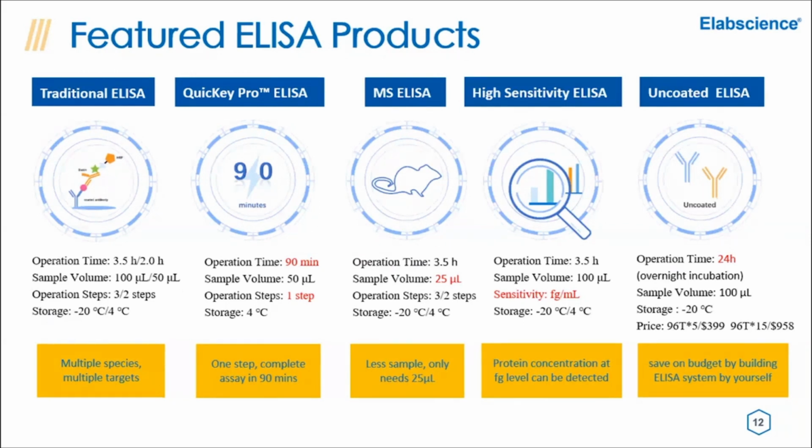The MS ELISA kits need the least sample amount, only 25 microliters. The high-sensitive ELISA kits can detect protein at femtogram level, and the uncoated ELISA kits would be your best choice to save on budget and build your own ELISA system.